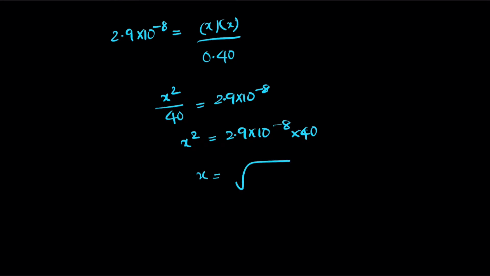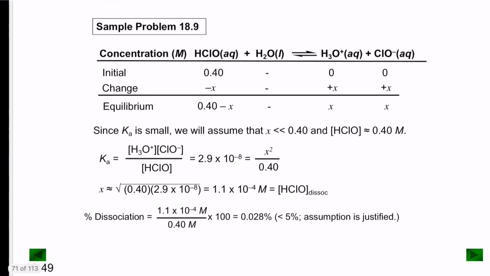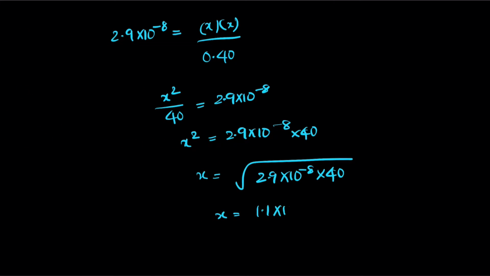So X becomes the square root of 2.9 times 10 to the power negative 8 times 0.40. That X value becomes 1.1 times 10 to the power negative 4 M, which is equal to the amount of dissociated HClO. So this is the actual amount of dissociated HClO present in the acid solution.